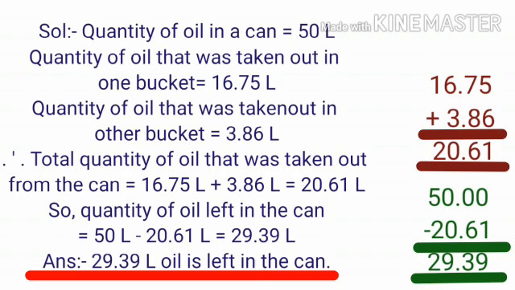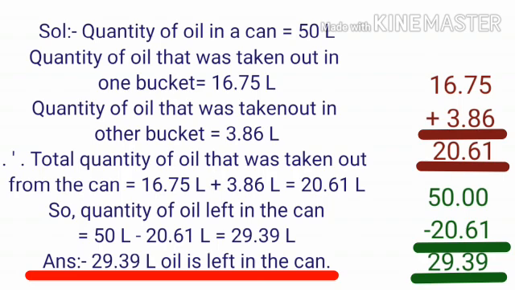Students, one thing I would like to remind you that in this question I have used the term quantity. So, you don't use number of oil because number is used with countable nouns like pens, notebooks, which we can count.